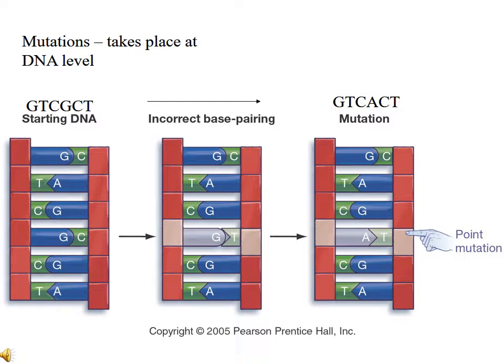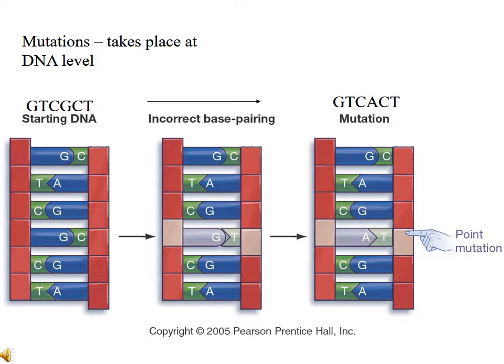Let's look at our molecule on the left that we will replicate. Now, as you can see, we start with a double-stranded molecule. On the left, the sequence is GTCGCT.